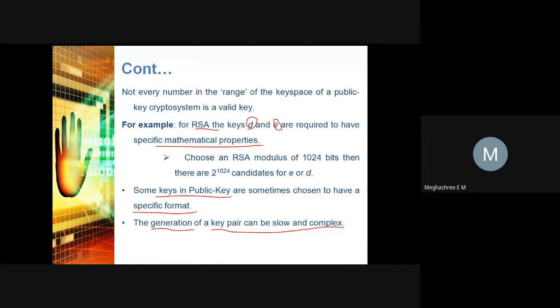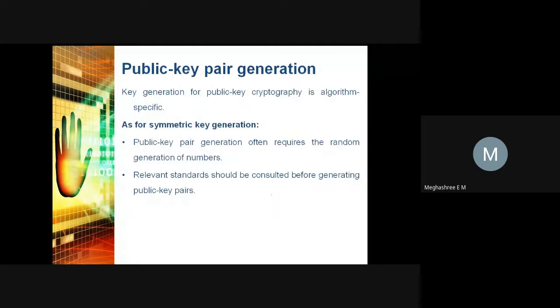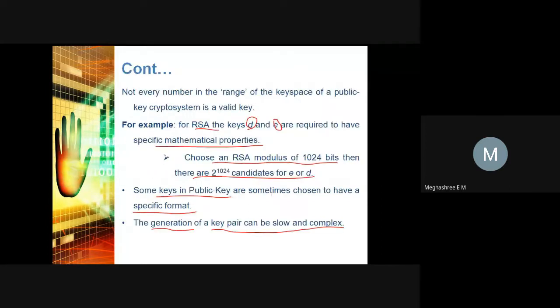If we choose an RSA modulus of 1024 bits, then there may be 2 to the power of 1024 candidates for E or D. This has to be followed to generate such keys. Because of this, we treat it as a complex process. That is all about public key pair generation.